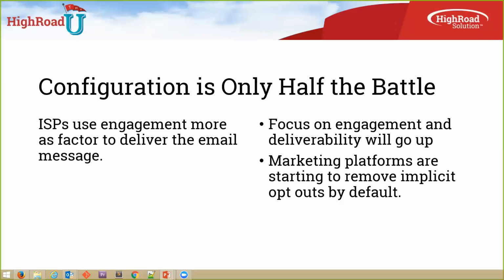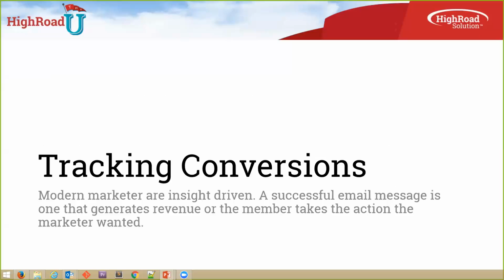And what's going to happen is that you're wrapped up in the configuration and not wrapped up in the engagement, and you're just still going to be sitting outside of the velvet rope waiting to get into the nightclub. Okay, so let's shift our focus to engagement and being more effective with our content and being more contextual and making sure that we're target marketing to the people that need that message.